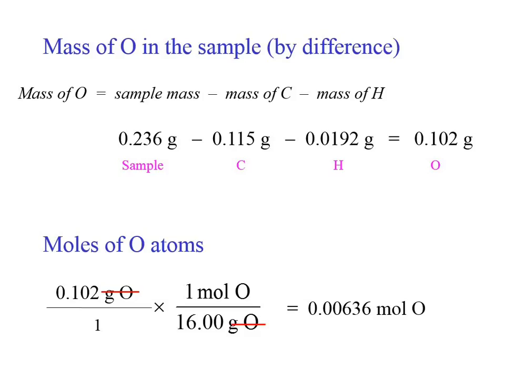I got a 638. Did ya? Yeah, I did too. Wonder if that 102 is right? So 0.236, or did I use an unrounded value, maybe 0.115 minus 0.0192. So I'm going to use the unrounded value, so I got 0.1018.